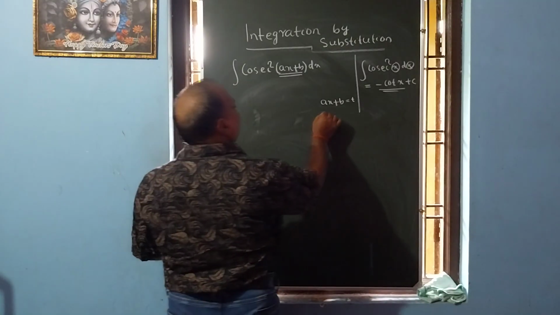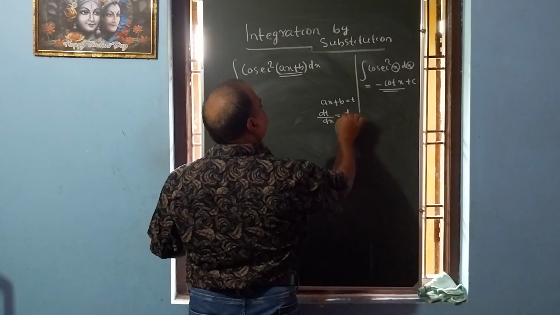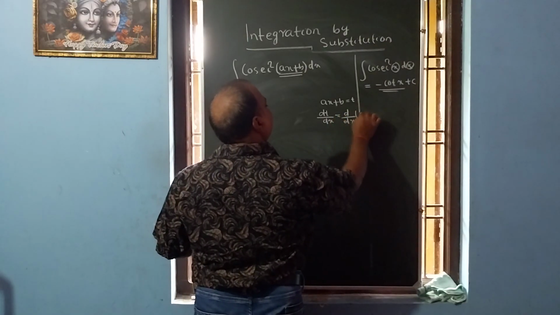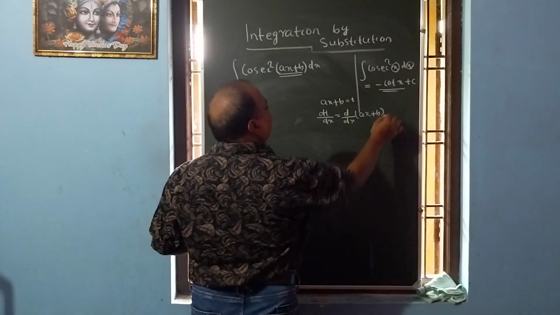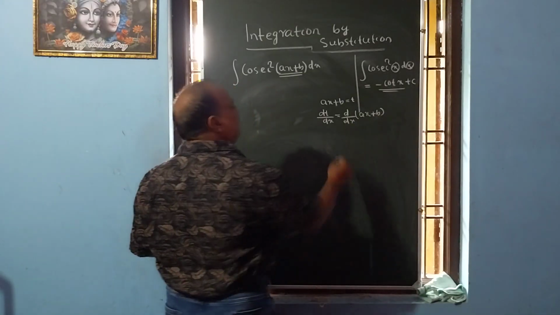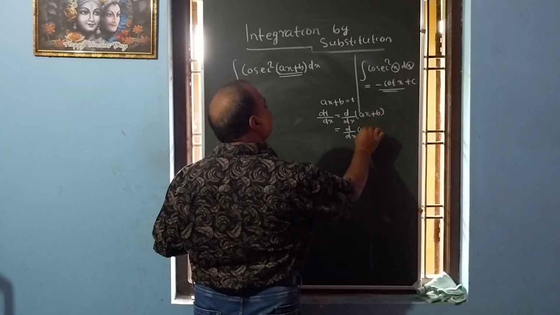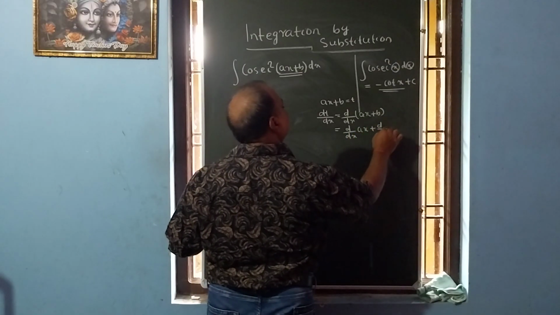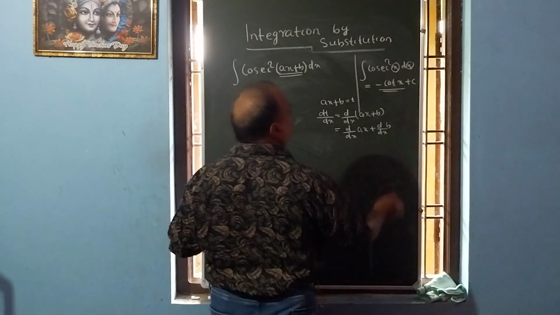So we get dt by dx is equal to d by dx of (ax plus b). The derivative of a sum is the sum of the derivatives, so we get d by dx of ax plus d by dx of b. b is a constant, so its derivative is 0.